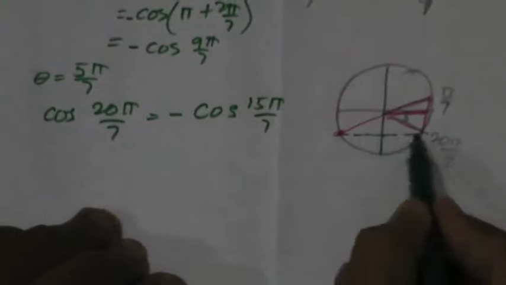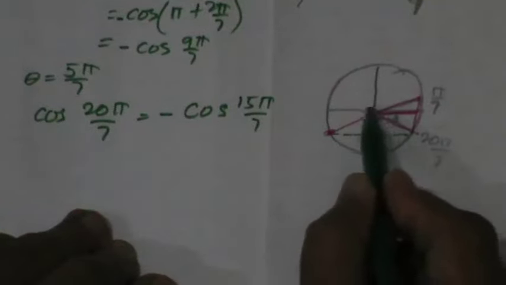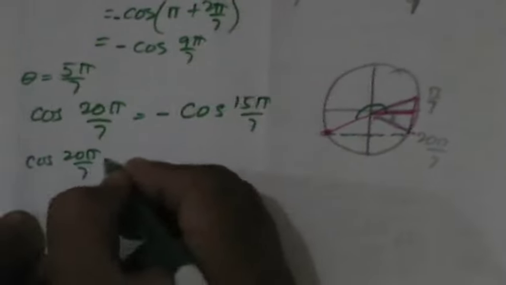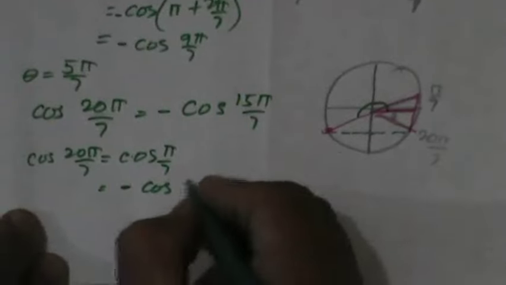So what we're trying to show is that the cosine of 15 pi over 7 is the negative of the cosine of 20 pi over 7. So we can now say that the cosine of 20 pi over 7 is equal to the cosine of pi over 7, and that is equal to the negative of the cosine of pi over 7.